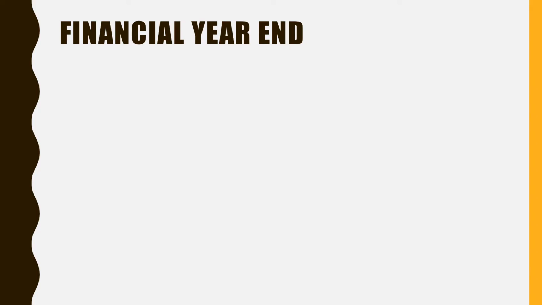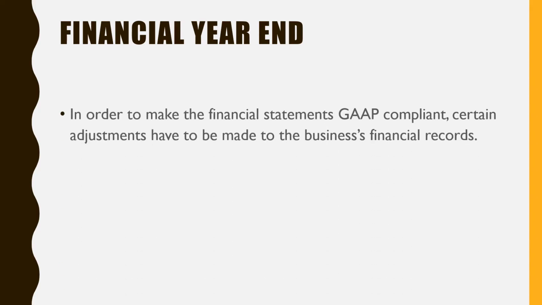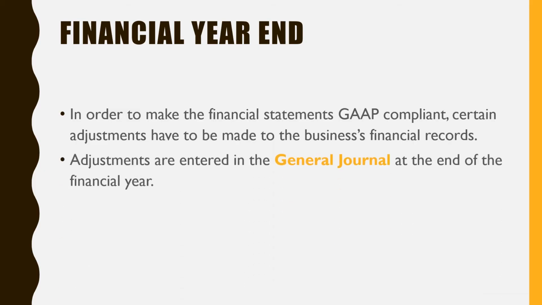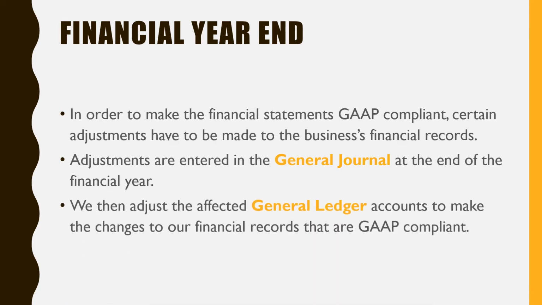At financial year end, the business needs to make certain adjustments so that their financial statements are GAAP compliant. We make these adjustments in the general journal at the end of the financial year.